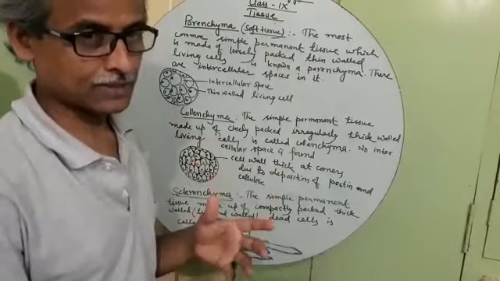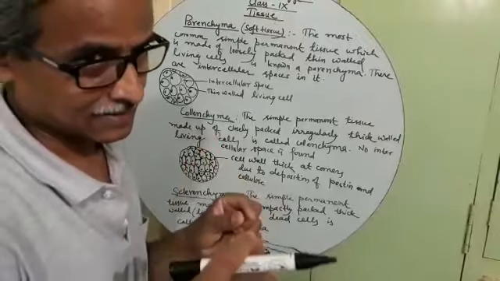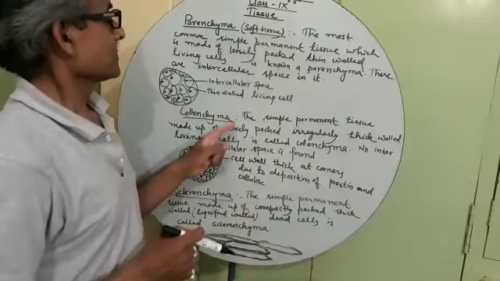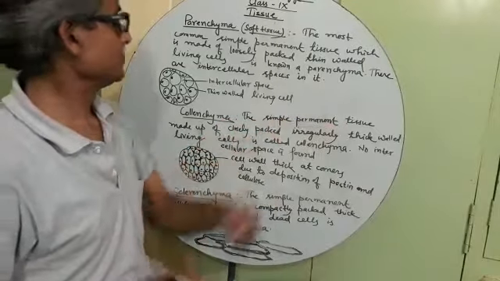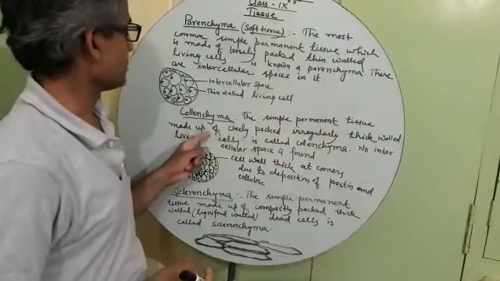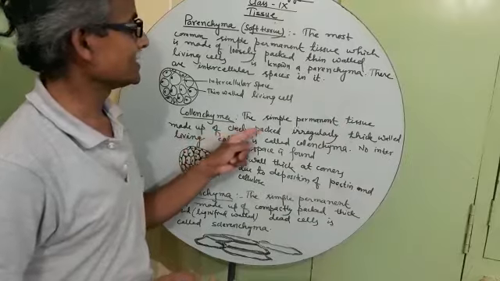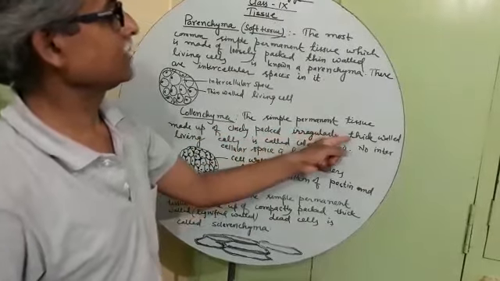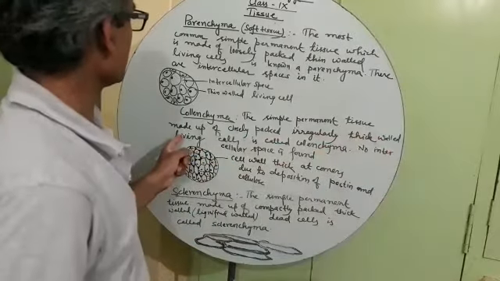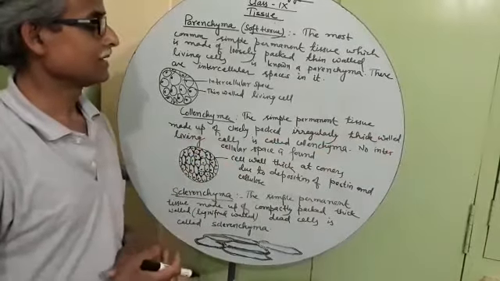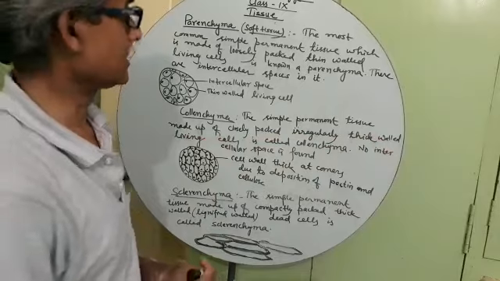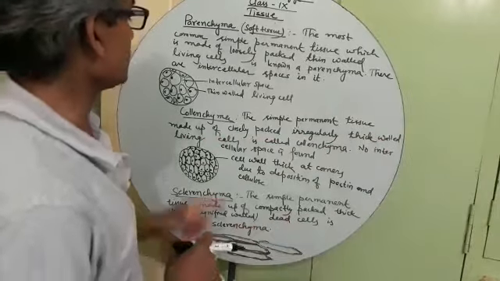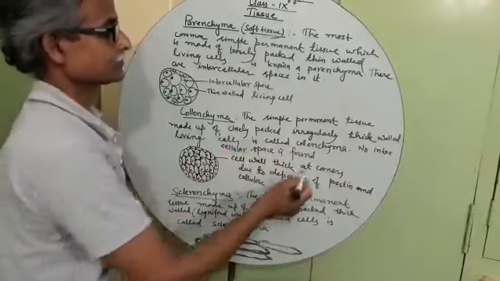So somewhere cell wall is thick, somewhere it is thin. So the simple permanent tissue made up of closely packed, irregularly thick walled living cells is called collenchyma. No intercellular space is found here.